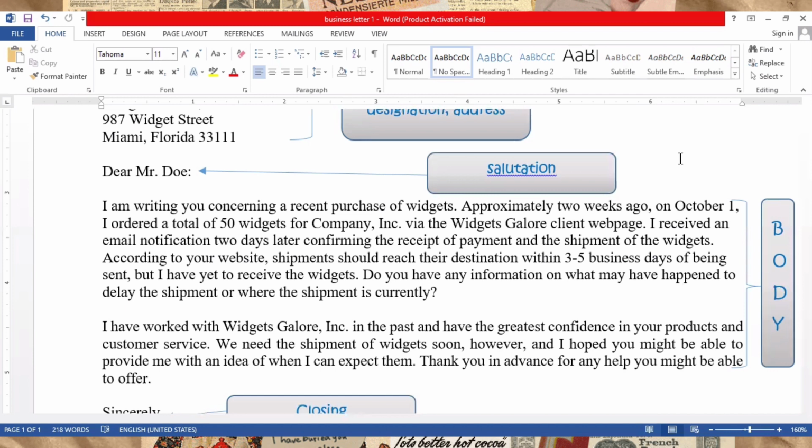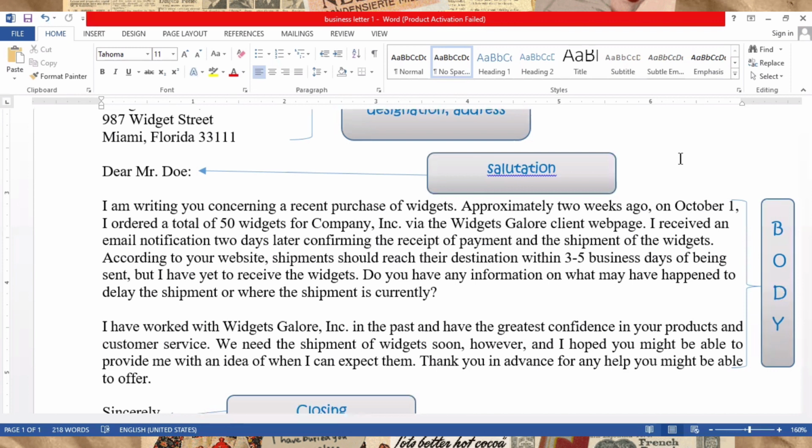Approximately 2 weeks ago, on October 1, I ordered a total of 50 widgets for Company Incorporated via the Widgets Galore client webpage. I received an email notification 2 days later confirming the receipt of payment and the shipment of the widgets. According to your website, shipments should reach their destination within 3 to 5 business days of being sent.